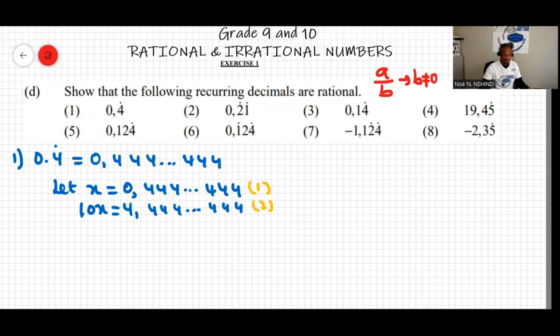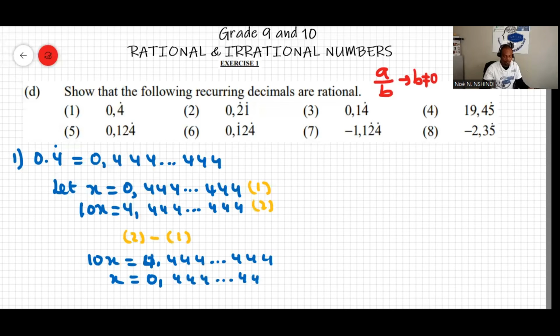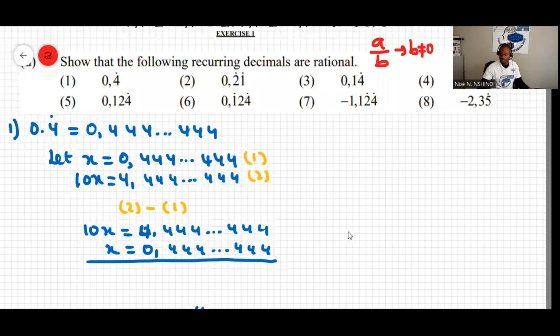Now, I will do equation 2 minus equation 1. So 10x is equal to 4,444 dot dot dot 444, and x is equal to 0,444 dot dot dot 444. If I do equation 2 minus equation 1, 10x minus x is equal to 9x.